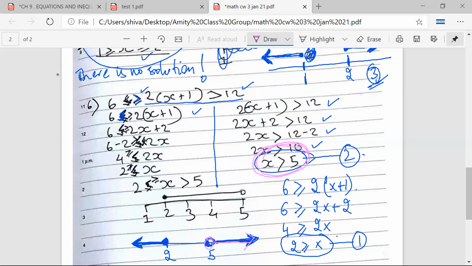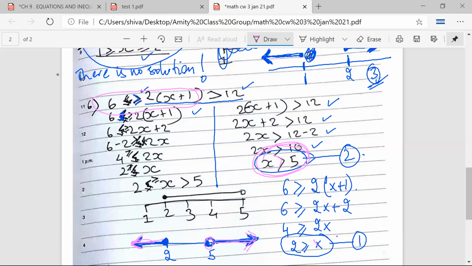This part of your inequality is saying that twice of x plus 2 is less than or equal to 6, so x is less than or equal to 2. So simultaneously, what you want is that x should be less than or equal to 2, which will be facing towards this side, and x should be greater than 5, which is facing towards this side.